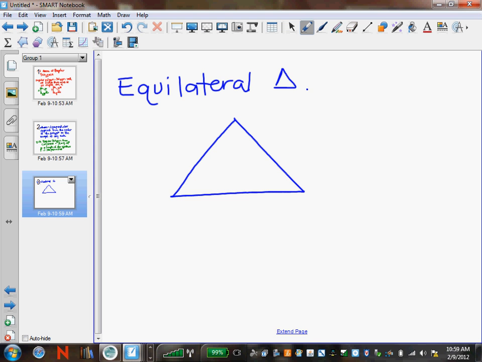You know that the base of the triangle is 14, which means all sides are 14 because it's equilateral or a regular polygon. When you identify what the shape is, I always recommend that you go ahead and write down the formula that you are going to use.